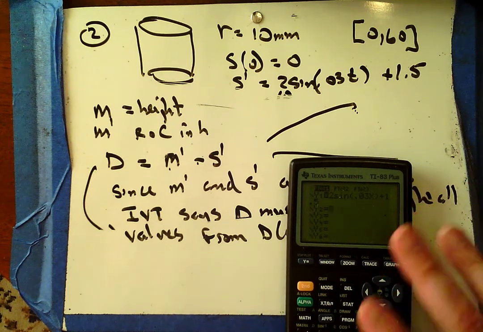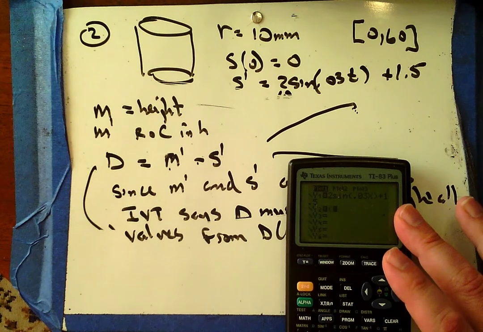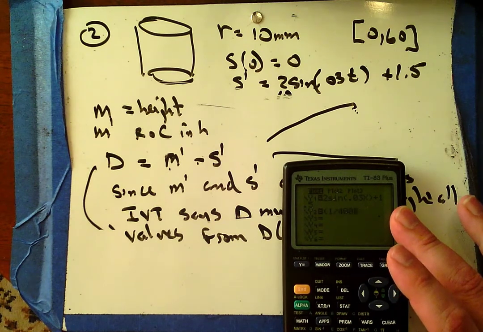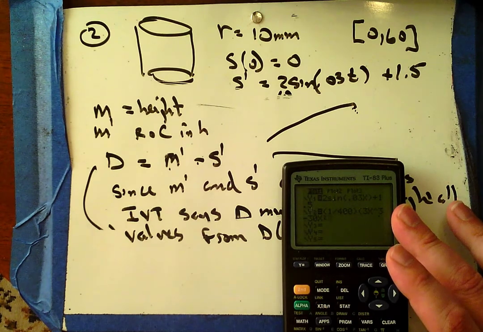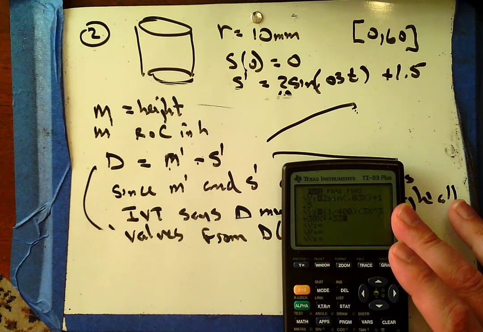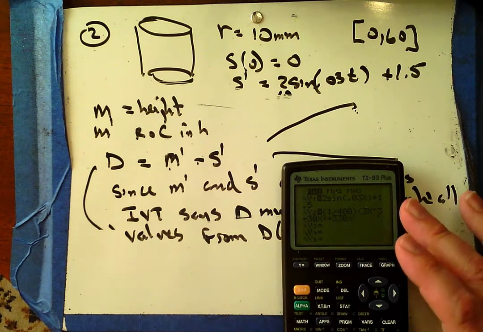And then m, which is 1/400 times (3x^3 minus 30x^2 plus 330x).